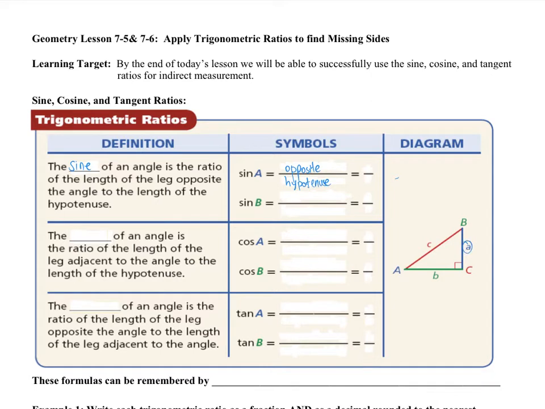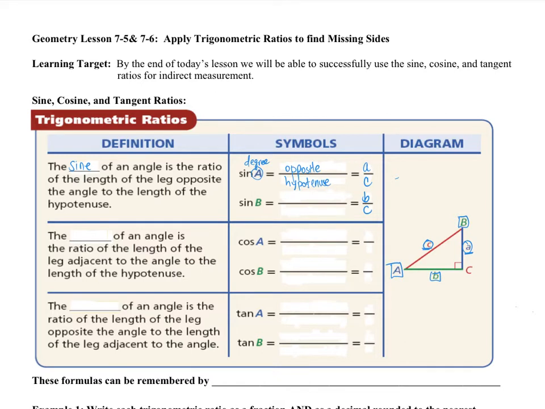So A over C. So sine A, where A represents the angle here, will equal opposite A over hypotenuse C. And sine B would equal opposite over hypotenuse C, so B over C.